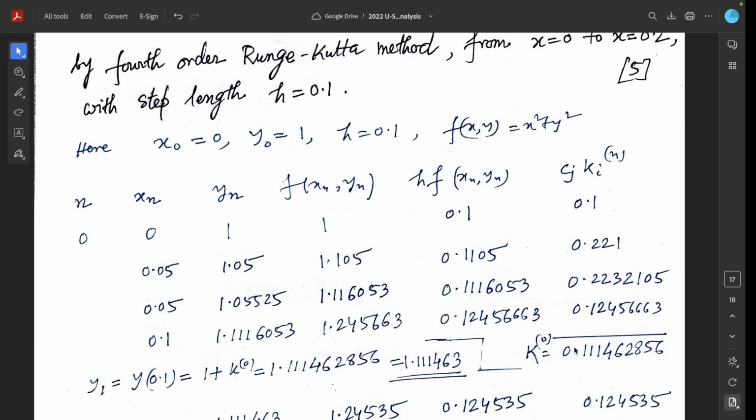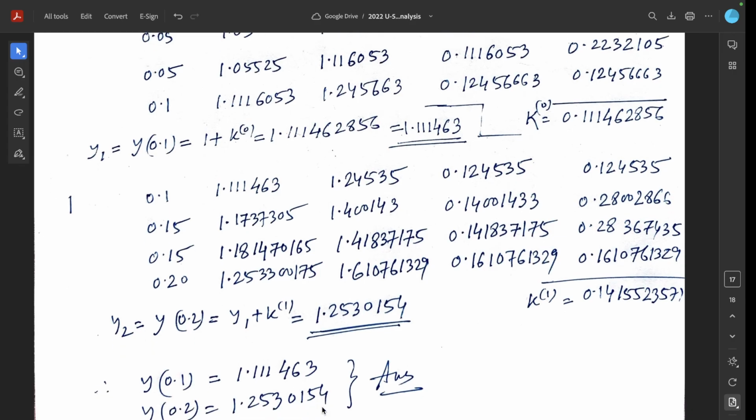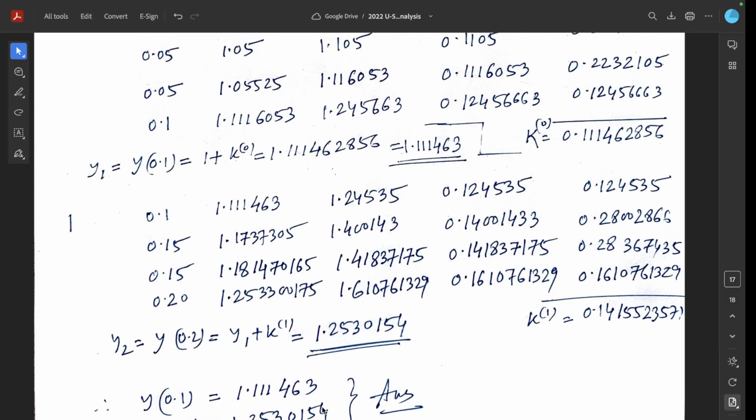The sum of these columns divided by 6 gives k0, and we get y at the point 0.1 as this and y at the point 0.2 as this. This is the answer for the Runge-Kutta method. Thank you for watching this video.